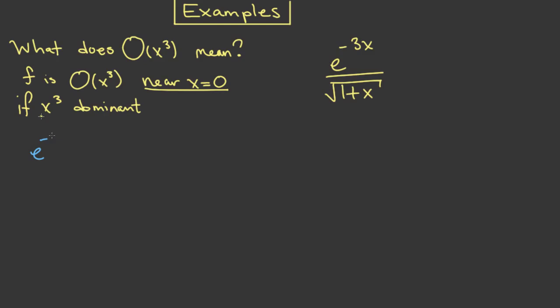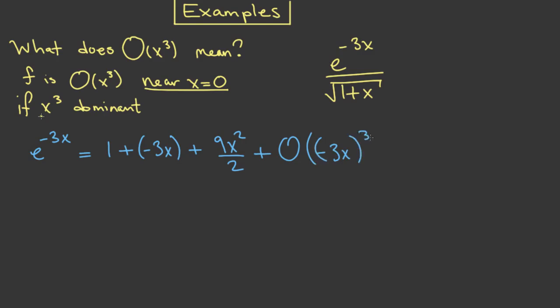So let's find the quadratic approximations of each term. E to the negative 3x, this is 1 minus 3x plus 9x squared over 2 plus, well, I could write this as big O of negative 3x cubed, but this constant term isn't going to change the dominant behavior. So I'm just going to get rid of that and write this as big O of x cubed.